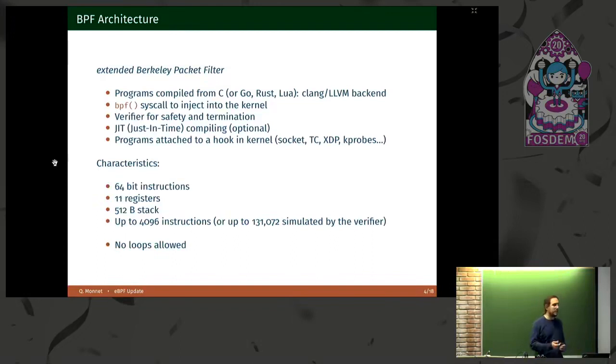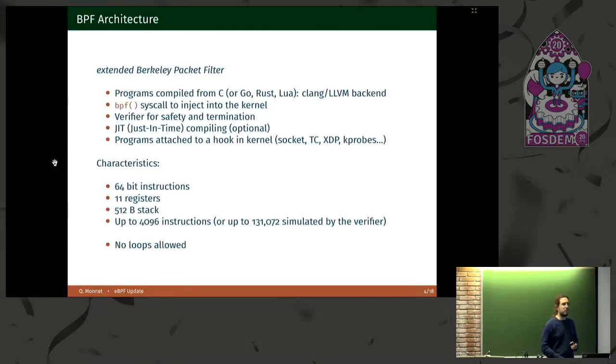So that can be TC or XDP or sockets for networking, or kprobes for tracing, and so on. Before attaching them, you have to make sure that those programs won't crash your kernel, so you have a verifier that makes sure the program is safe and terminates. You can also JIT compile it to have a more efficient execution.